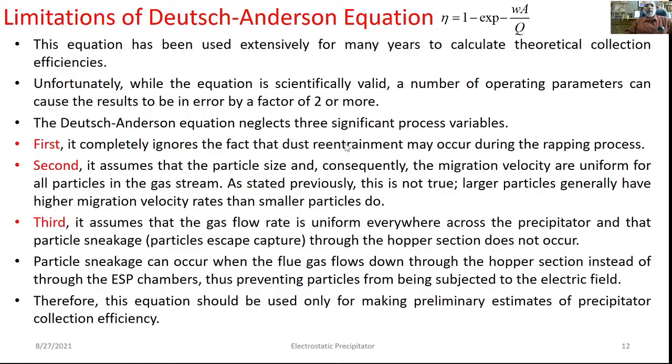This equation neglects three significant process variables. First, it completely ignores the fact that dust re-entrainment may occur during the rapping process. Secondly, it assumes that the particle size and hence the migration velocity are uniform for all the particles in the gas stream.